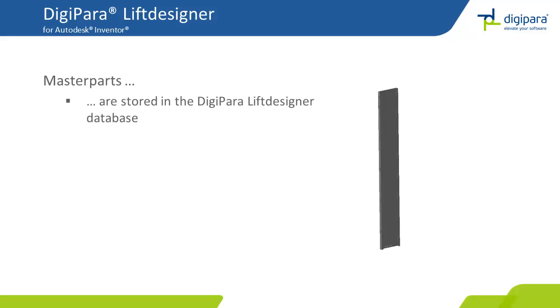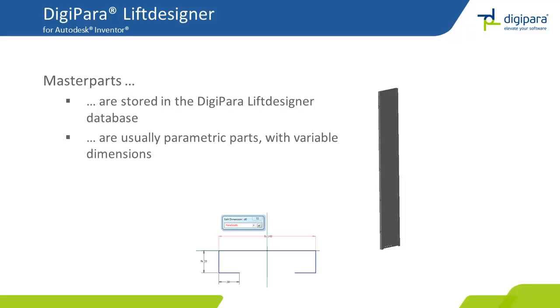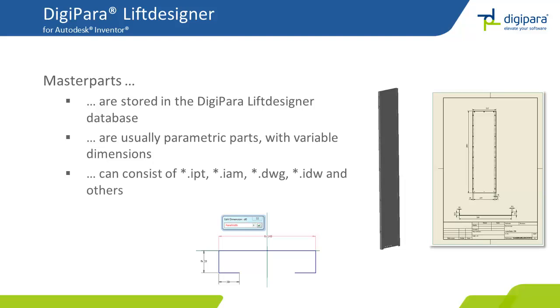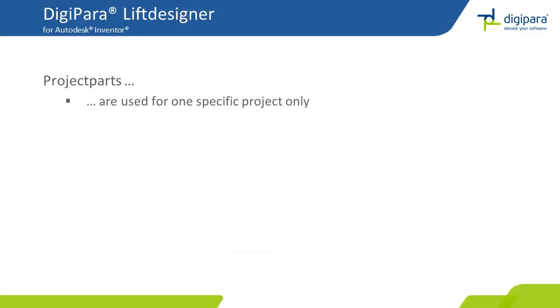The master parts are stored in the DigiPara Liftdesigner database, and these master parts are usually parametric parts with variable dimensions. Master parts can consist of IPT files, IAM files, and also drawings like DWG and IDV, and some other files. The project parts are used for one specific project only, and each project part has correct project-specific dimensions.